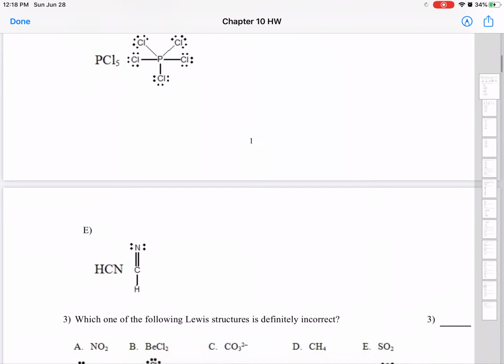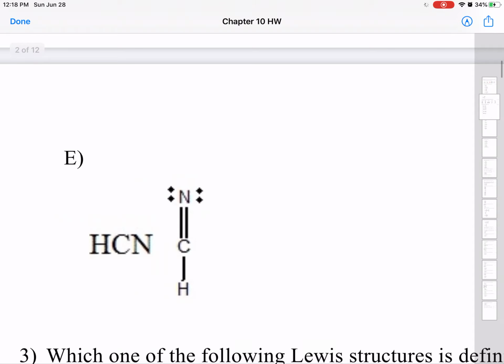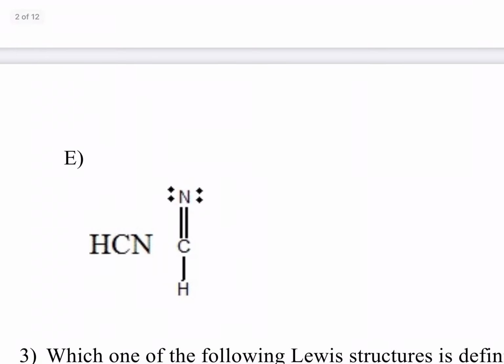And for hydrogen cyanide, if you look at the molecule, you see how many electrons carbon has. Carbon has only 6 shared electrons, so it's not the correct structure.